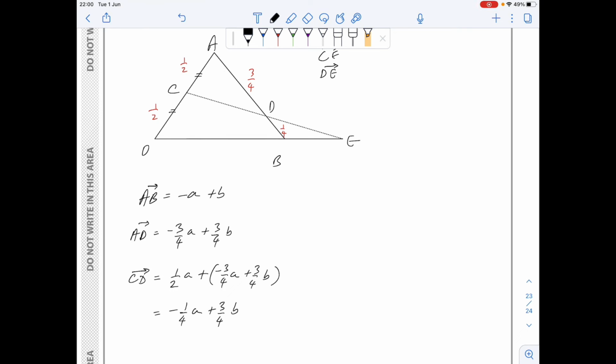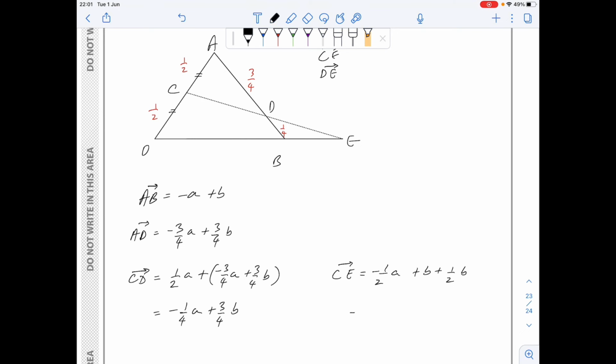Now to find CE, this is -1/2 of a plus a whole of b plus another half of b. That's -1/2 a + b + another half of b.